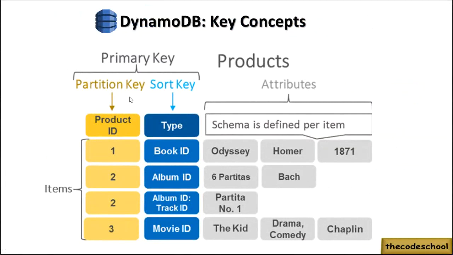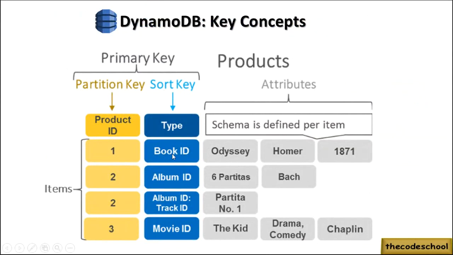Sort keys help to store the data in a group-wise manner. That means you can organize your data in a far better way. It's not necessary to always use the sort key, but wherever you have to organize your data in a group. For example, you have a product ID as one, and it can have a type as a sort key, which can be book ID.